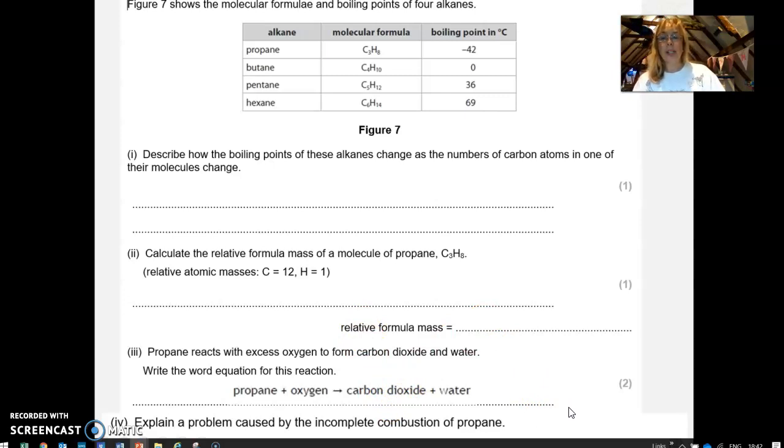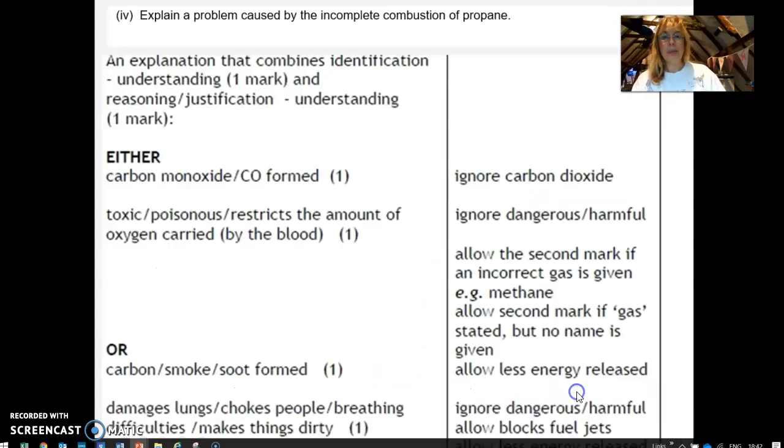And your final question, explain a problem caused by the incomplete combustion of propane. Right, so what did you put for that one? So there's actually quite a lot you could put here. And it says here an explanation that combines the identification, so showing you the understanding and the justification.